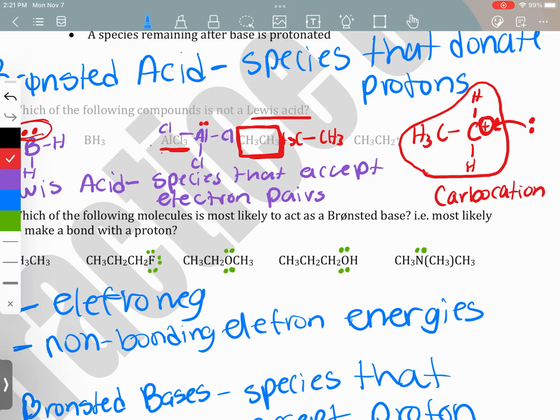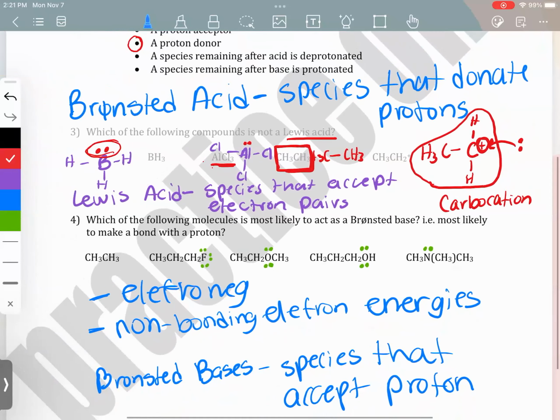Which of these atoms do you know is least electronegative with the non-bonding lone pairs? It'd be nitrogen. Right. Since nitrogen is further left than oxygen and fluorine, it is least electronegative, so those non-bonding lone pairs will react with the proton because it's more reactive.